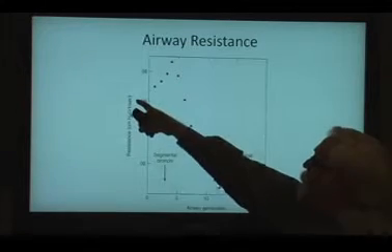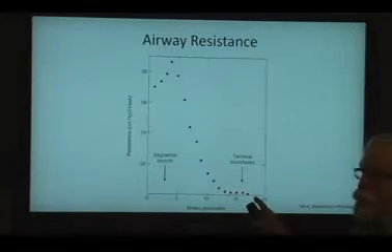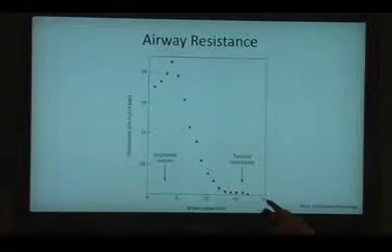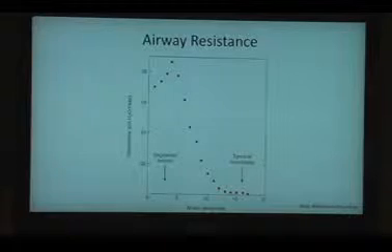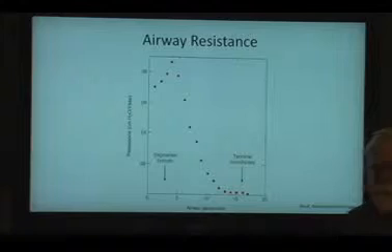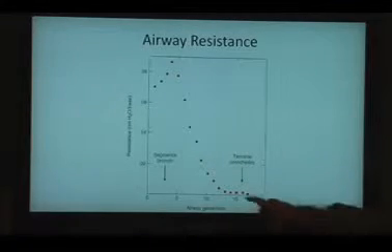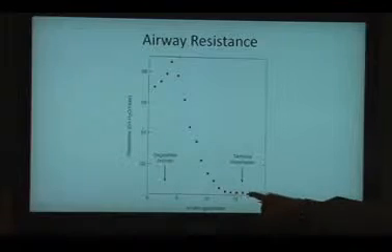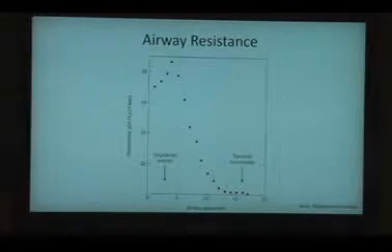So here's airways resistance and here's airway generation. So this is trachea, this is terminal bronchiole. Most of the resistance, as you will see, is in the central airways. Much less resistance in the small terminal bronchioles.